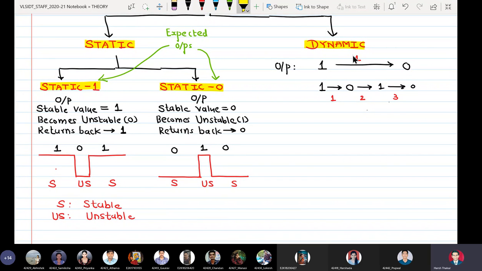Okay, so in dynamic hazard the output is supposed to only make a single transition from 1 to 0, but instead it makes 3 transitions and then comes to 0. Another more severe example would be having 5 transitions.